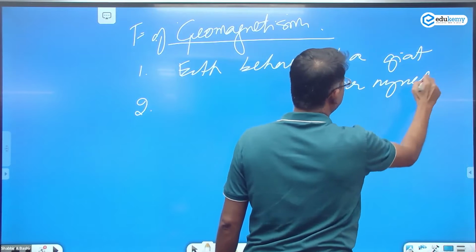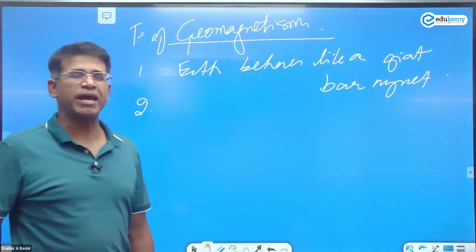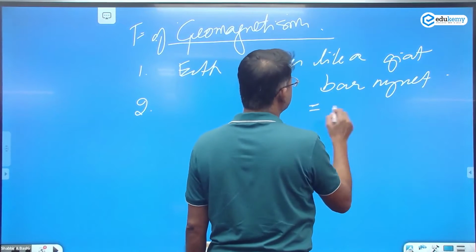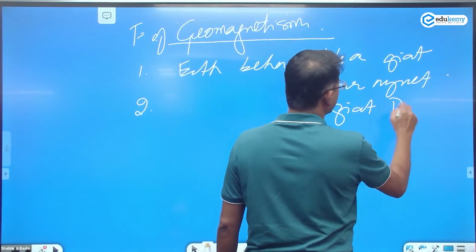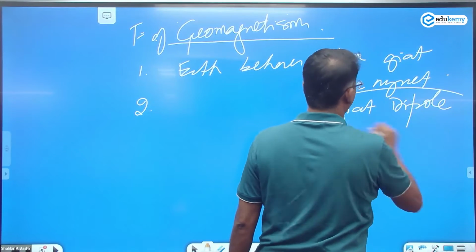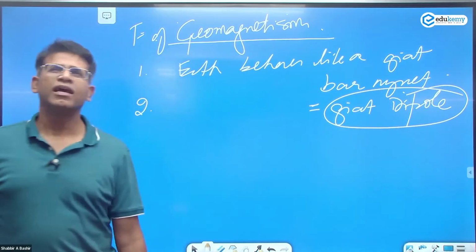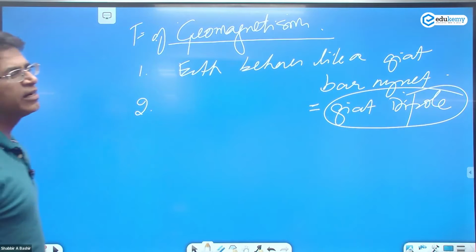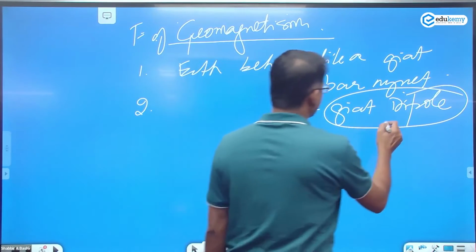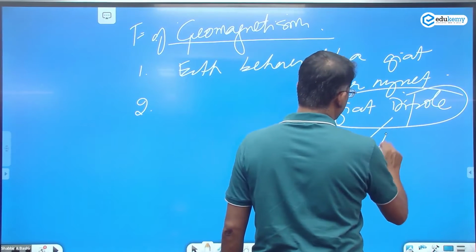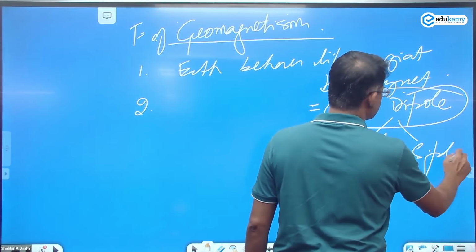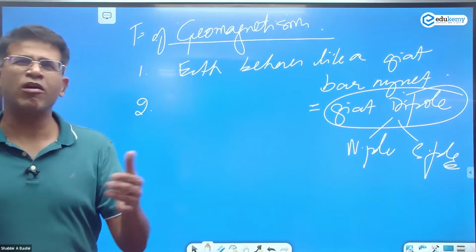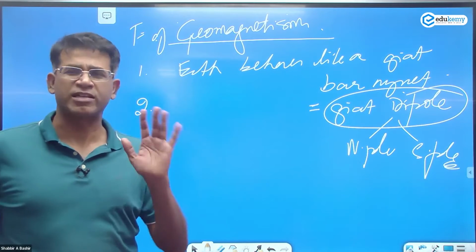Okay, a bar magnet, as in it is behaving as a giant dipole. Dipole means there is one north pole and there is one south pole. This is how the Earth behaves. It's one of the fundamental properties of the Earth itself.